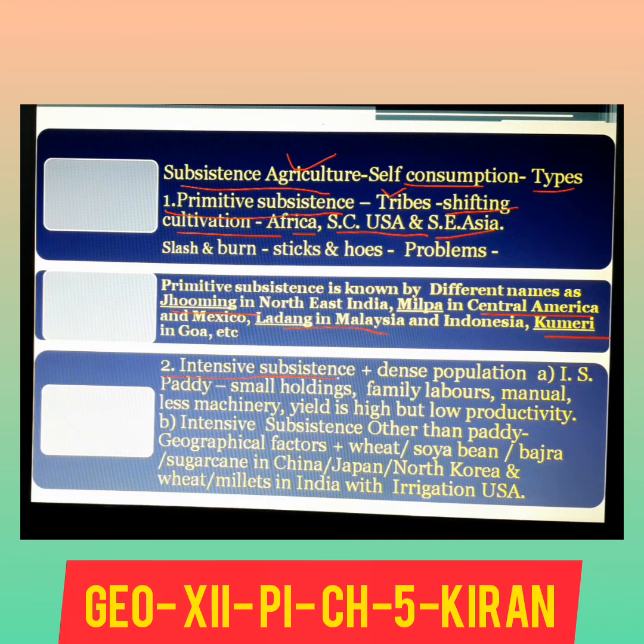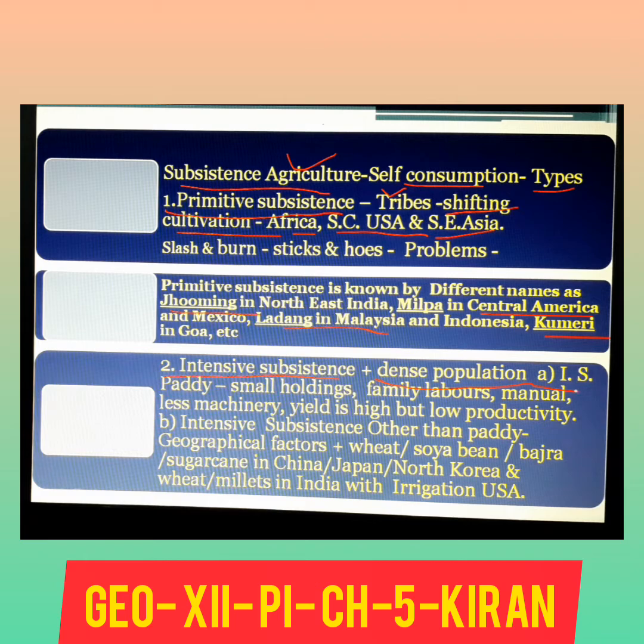The second one is intensive subsistence agriculture. It is called intensive subsistence because the land is used intensively. Throughout the year there is cultivation of crops because the density of population is high and there is more demand for food grain.